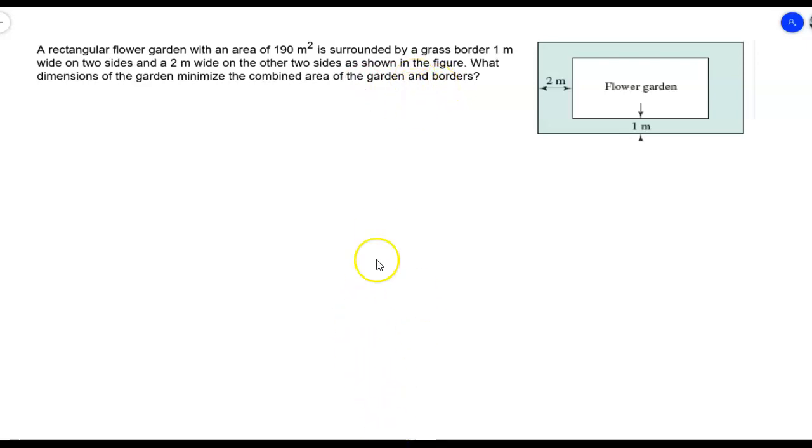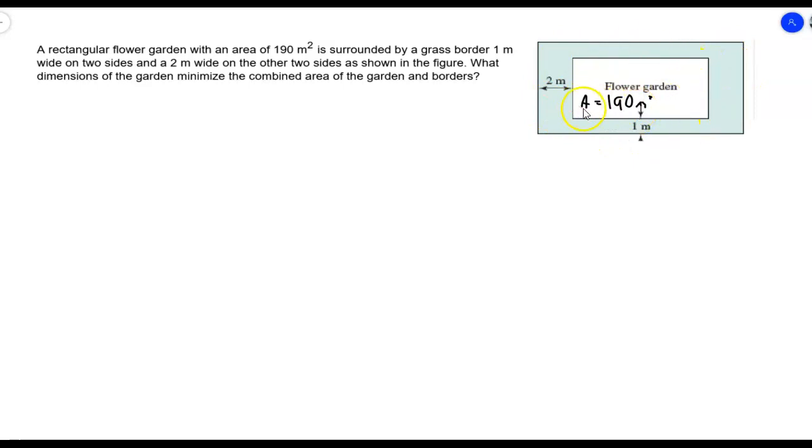All right, so the first thing we want to do is label what we have. We know that the area of the flower garden is equal to 190, and you can put the meters squared there if you want, although it's not really important to put the units when we're working this out. We want to minimize the combined area of this and the surrounding area.